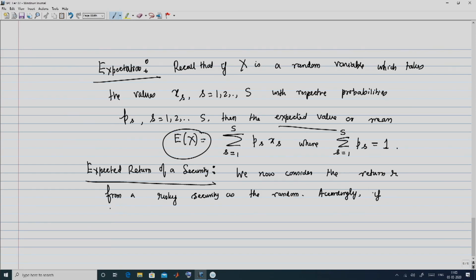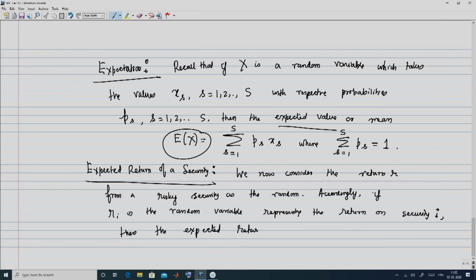So, accordingly, if Ri is the random variable representing the return on security i, where I choose some generic security which I call the ith security, then the expected return is given as follows.